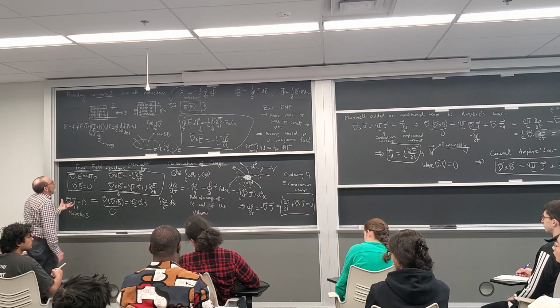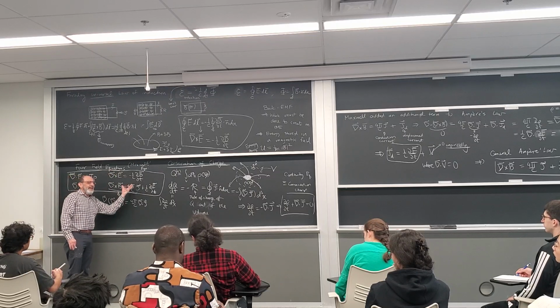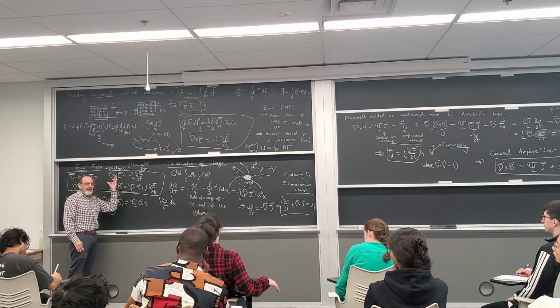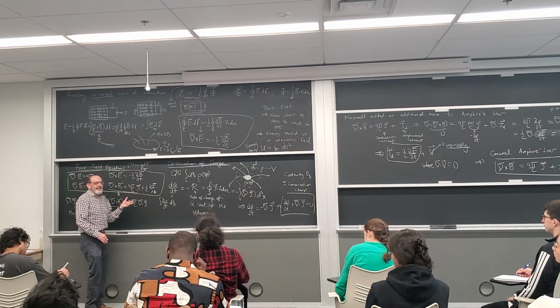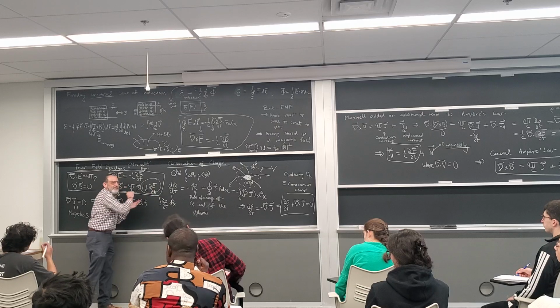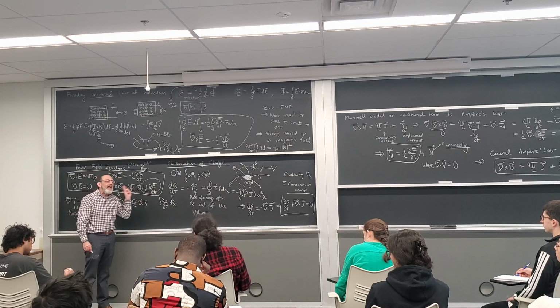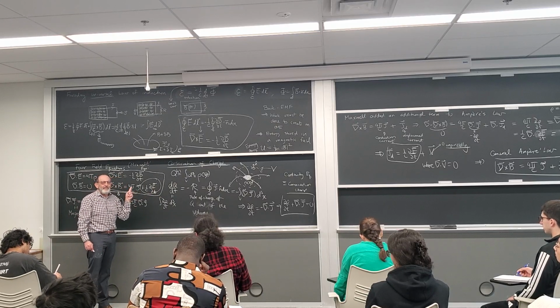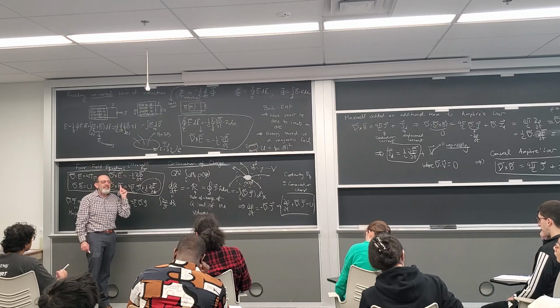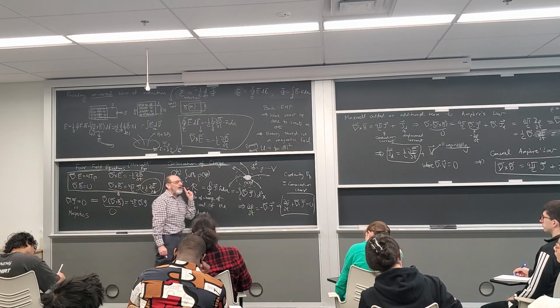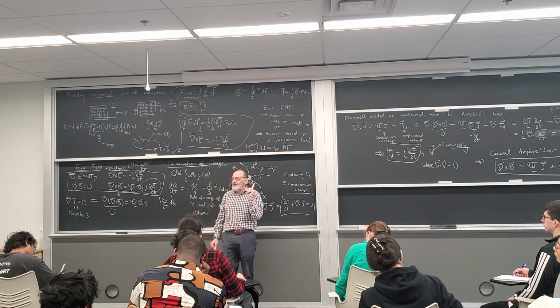But then, just by the inconsistency of the theory, to make itself consistent, this term had to be there, right? And from that, you predict that there are electromagnetic waves that travel at the speed of light.